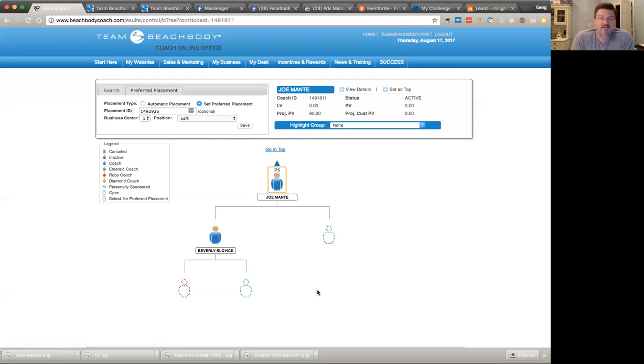So that's the way to work it. But always try to load up that inside leg to keep your leg volume balanced or maximized.